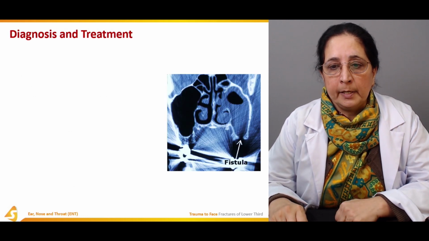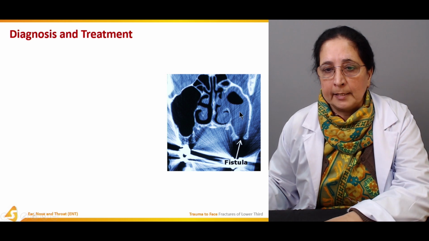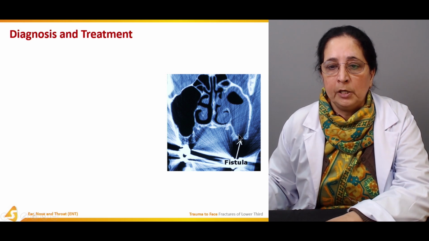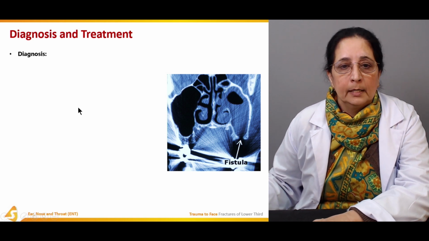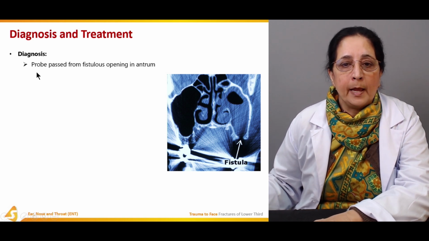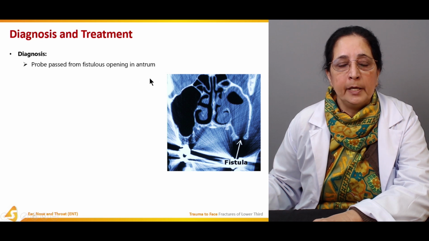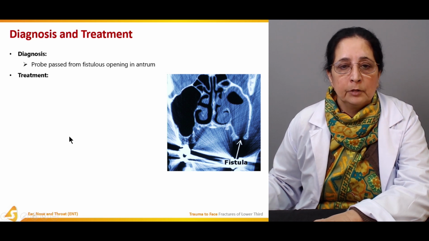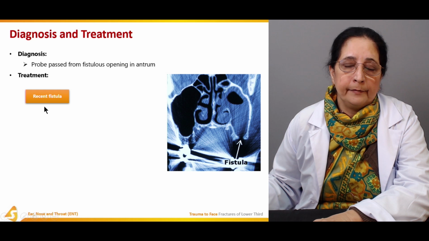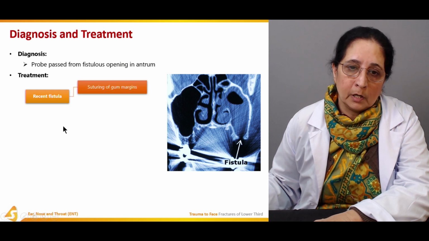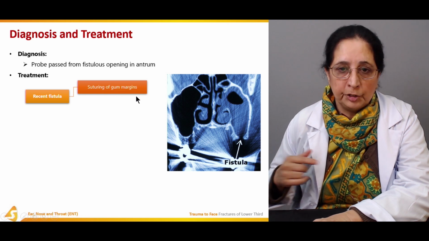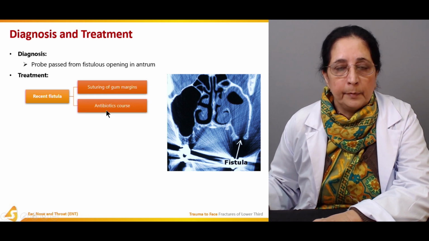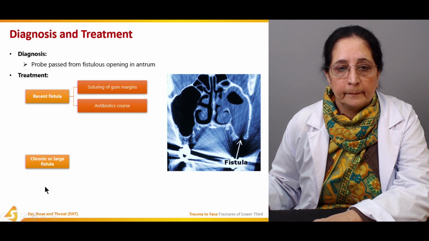Diagnosis and treatment. This is the fistula present, the opening between the oral cavity and the antrum. Diagnosis is by probe passed from the fistula's opening into the antrum. Treatment is, if it's a recent fistula, not very old, suturing of gum margins, antibiotic course.